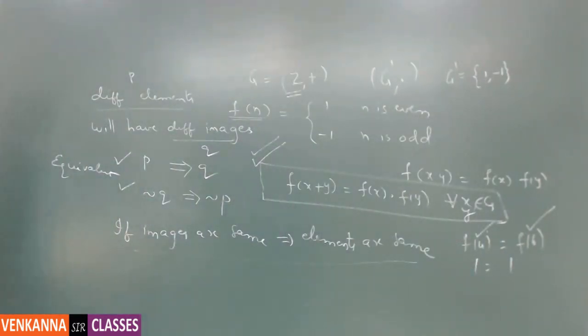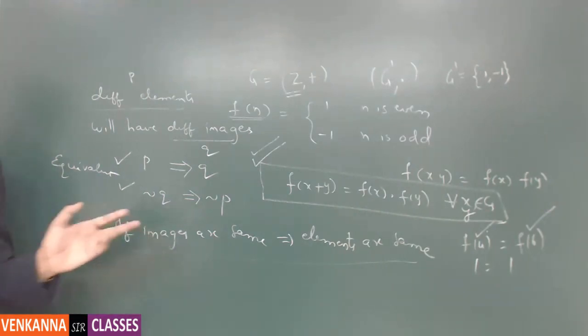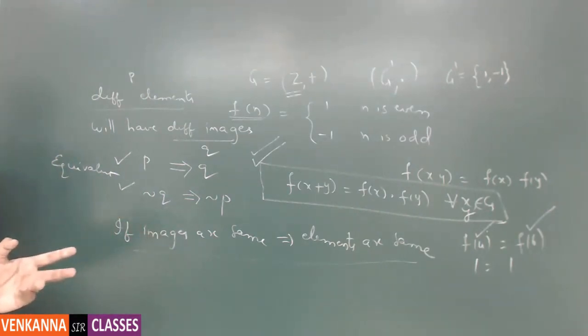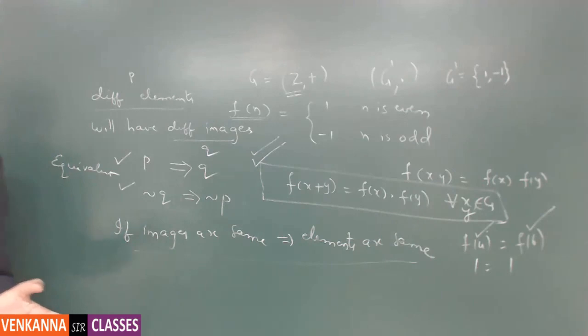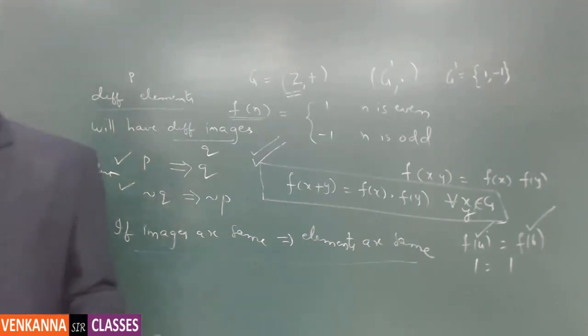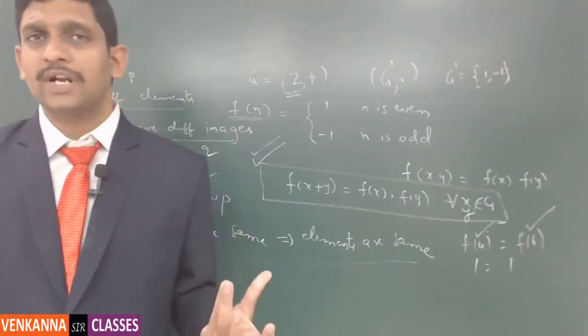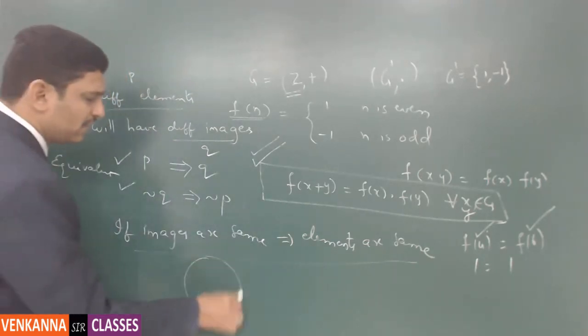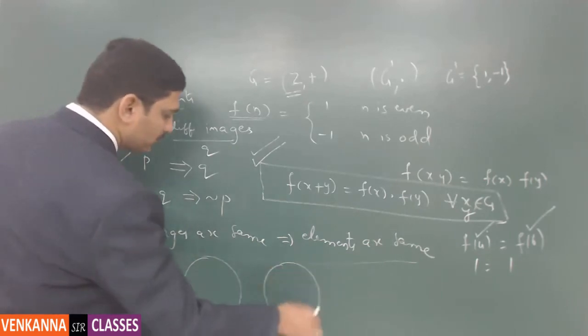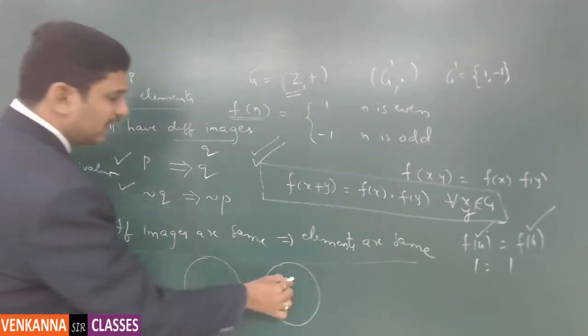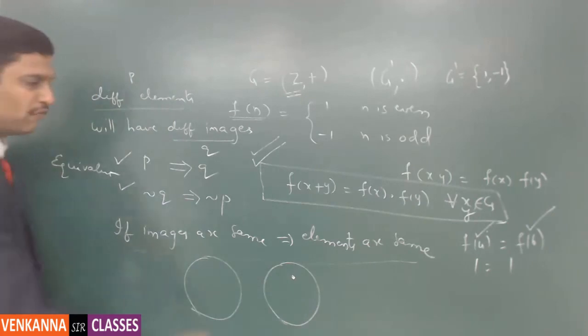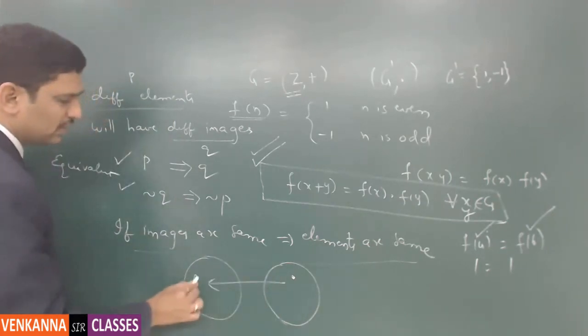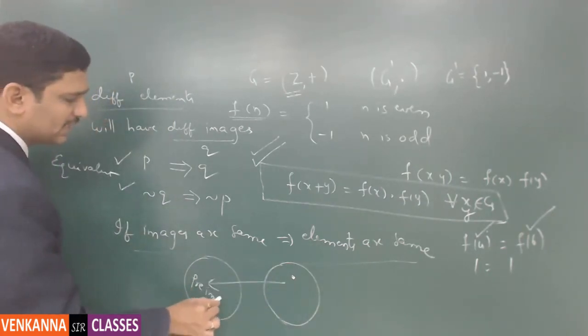Now the other question comes: is it an onto function? Yes, because if you think fundamentally, an onto function says that whenever you have a function between two sets, if you take an element in the codomain, you should have at least one preimage here.